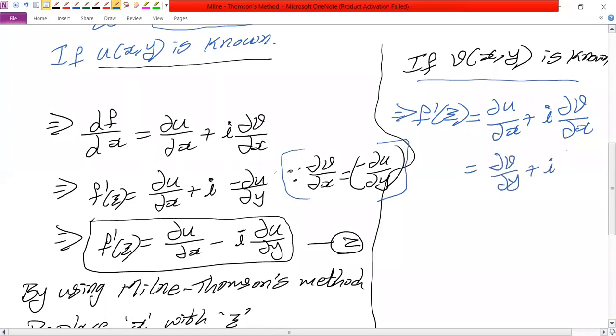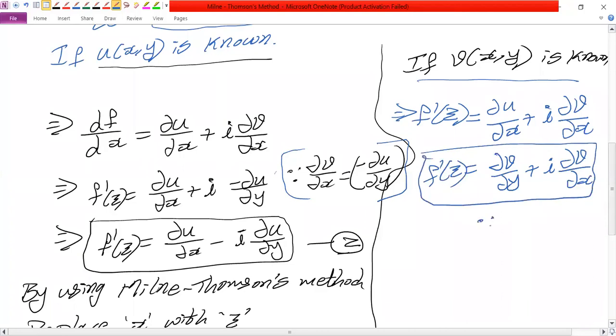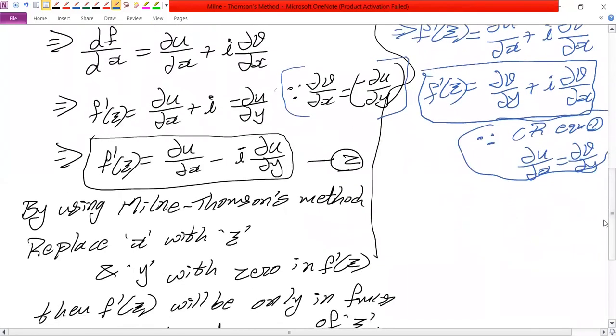So using this point, in place of dou u by dou x in the first term, I changed it to dou v by dou y. So f dash of z equals dou v by dou y plus i into dou v by dou x. Taking this as equation number 3.